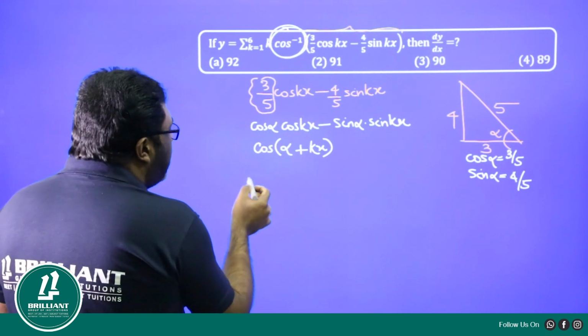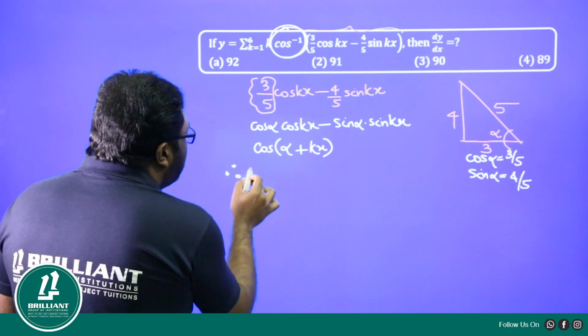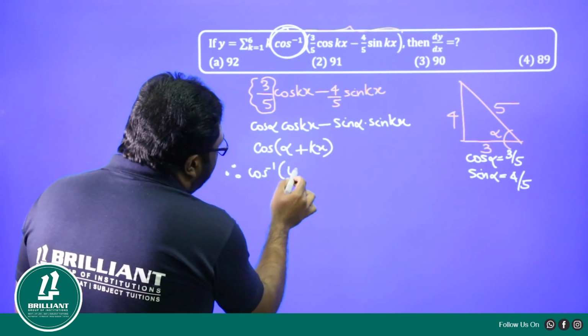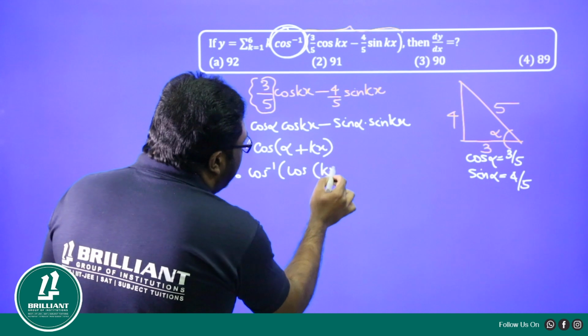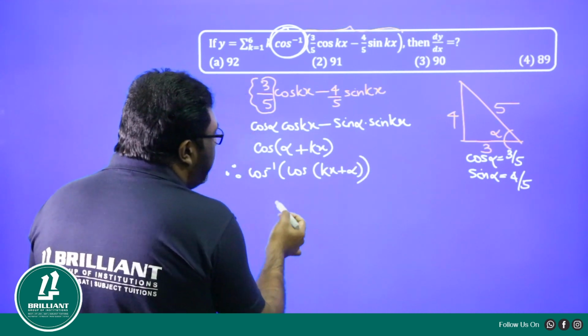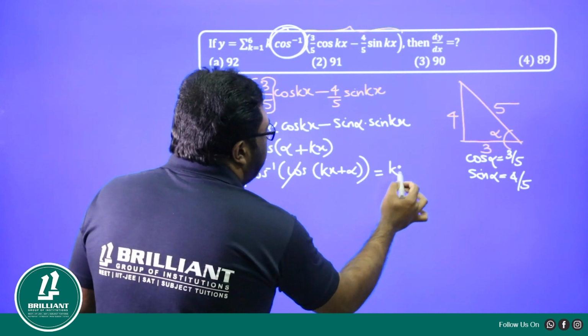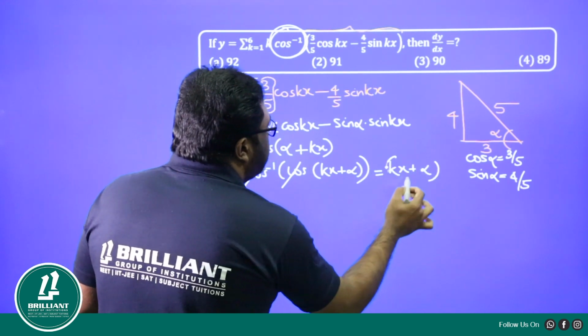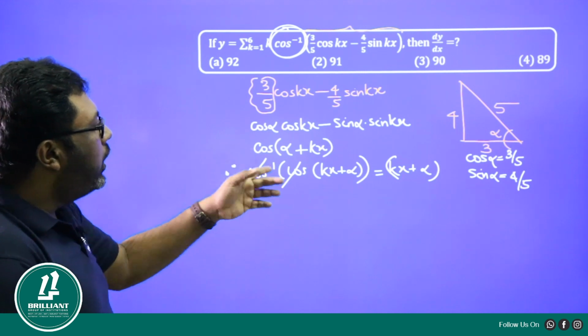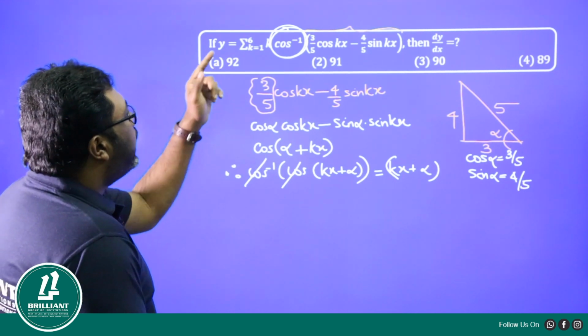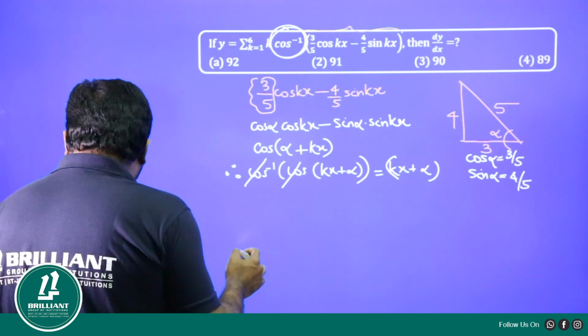So now cos inverse of cos alpha plus kx, or kx plus alpha. It is irrelevant, so take it out. Cos inverse and cos, I'll get kx plus alpha. Now look at the expression. I want the summation of this multiplied with k. So what is my y now?